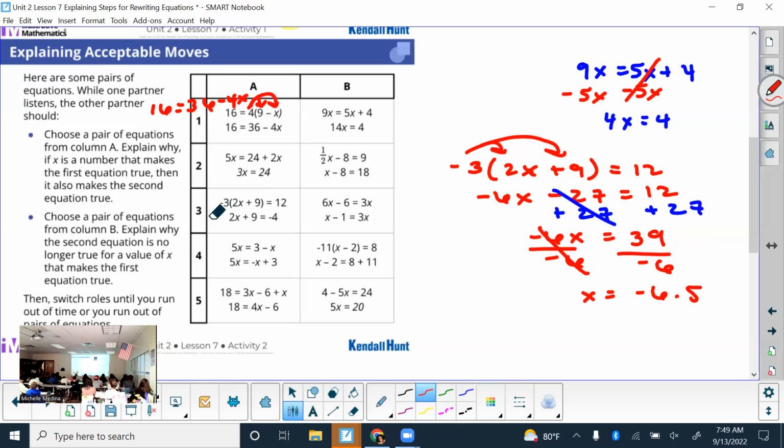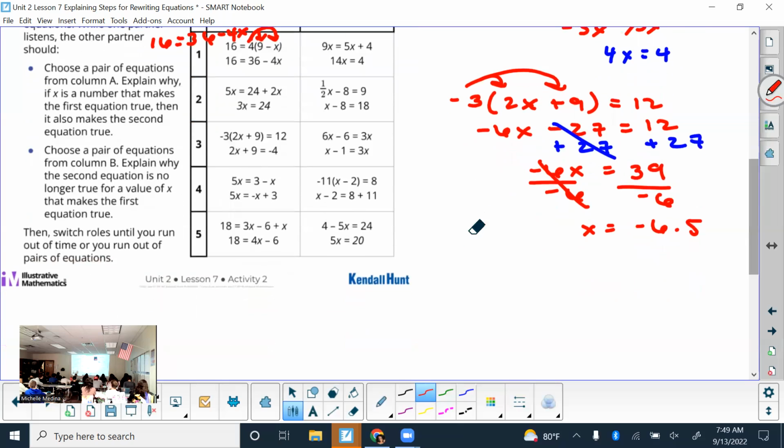Now I could solve for x, but since we're trying to see if it's true or not, I'm just going to plug it into the second one. All right, so I have 2 times negative 6.5 plus 9. If that equals negative 4, then it is true for both.